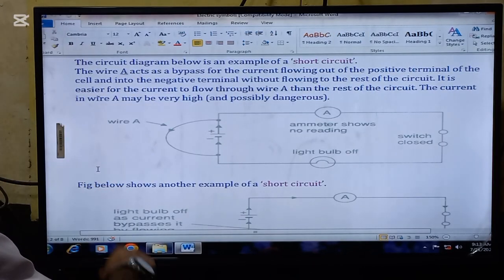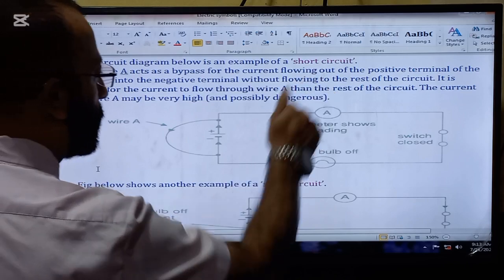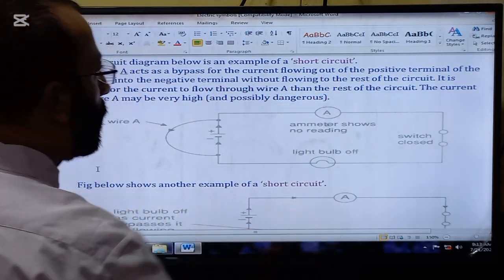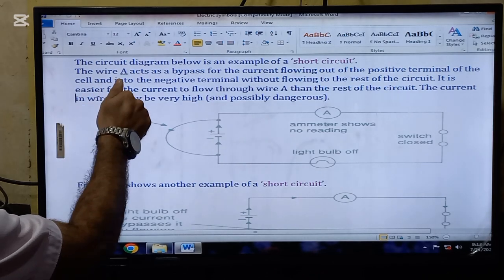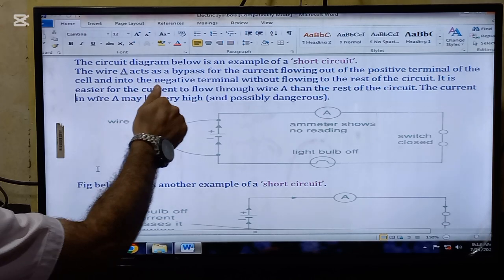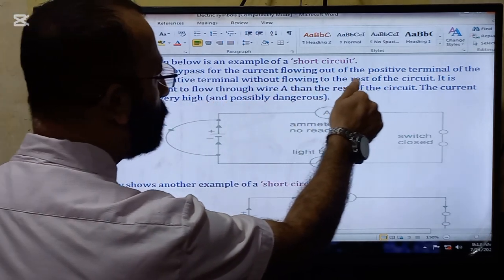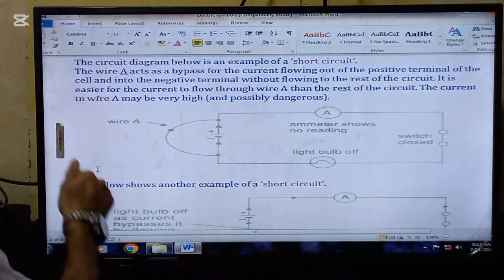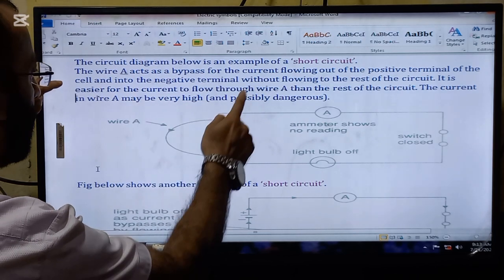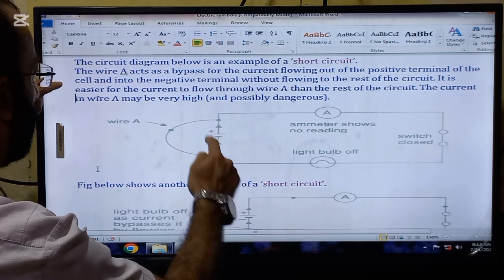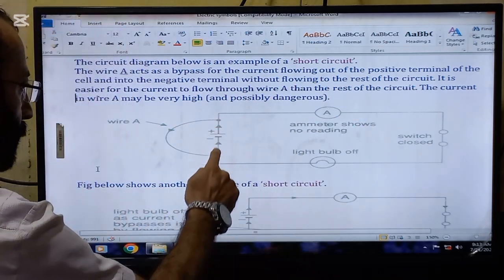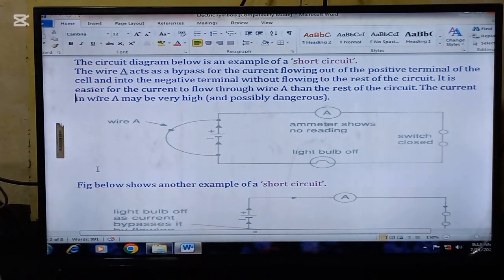The third thing that we are going to read is the short circuit. The circuit diagram below is an example of the short circuit. Look now, here is the wire A. It acts as a bypass for the current flowing out of the positive terminal of the cell, from the positive terminal of the cell into the negative terminal, without passing to the rest of the circuit.